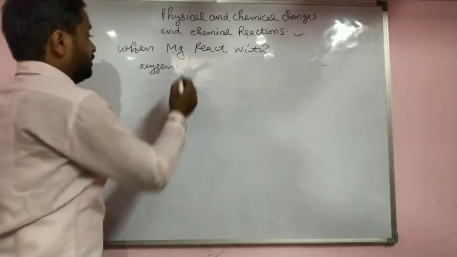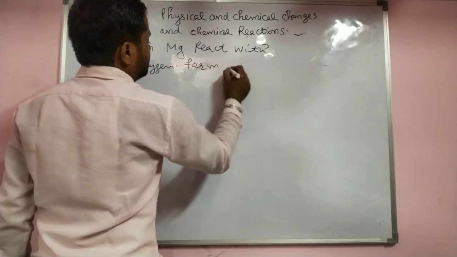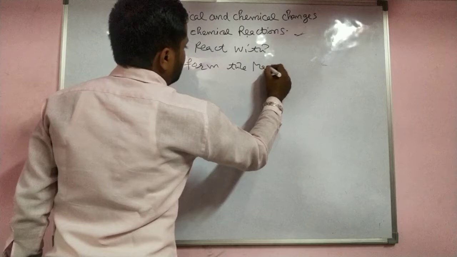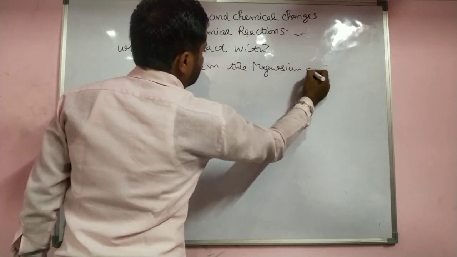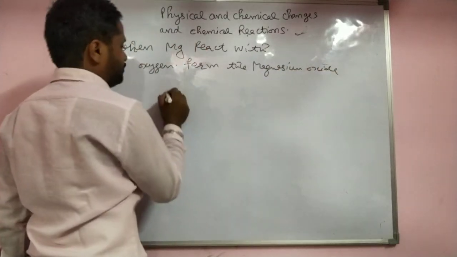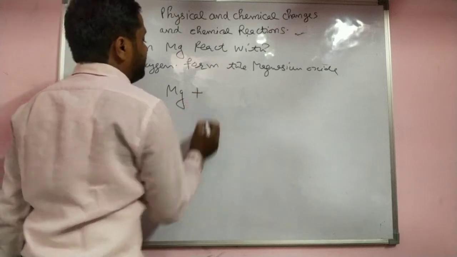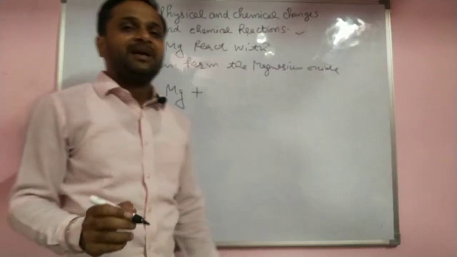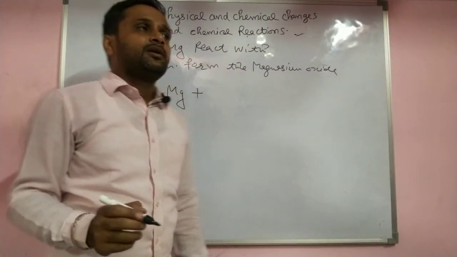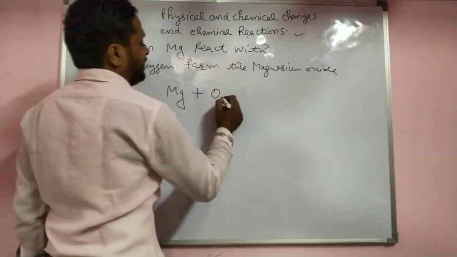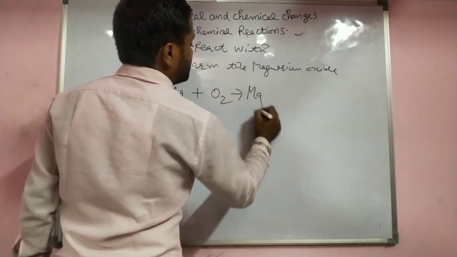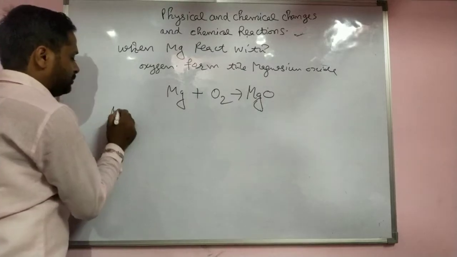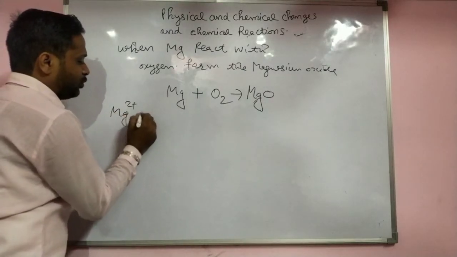It forms magnesium oxide. Very easy reaction, students. When magnesium ribbon burns in the presence of oxygen, it gives magnesium oxide. How do you form it? Mg 2 positive, O 2 negative, cross.